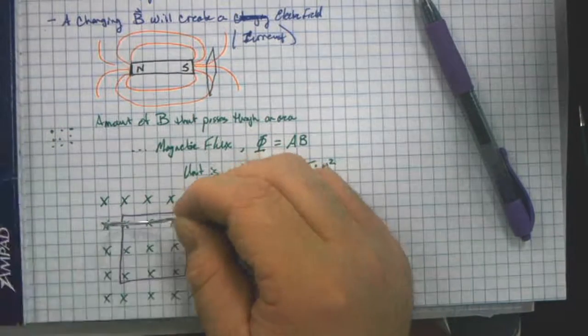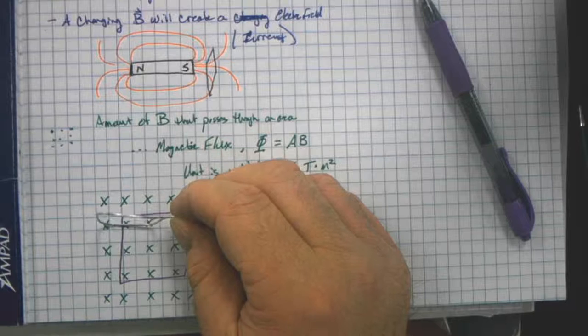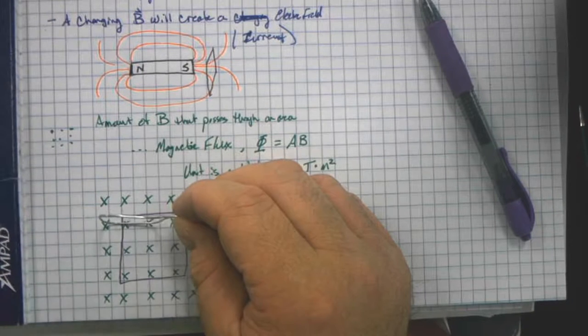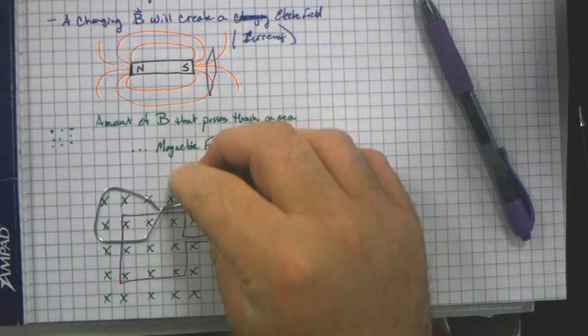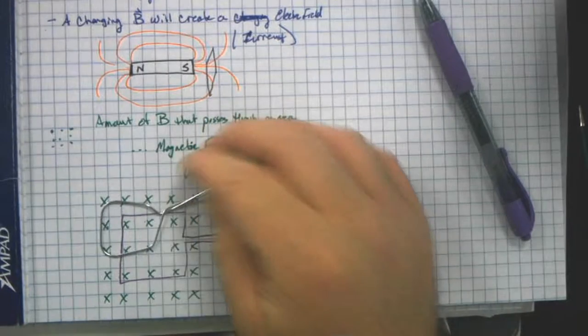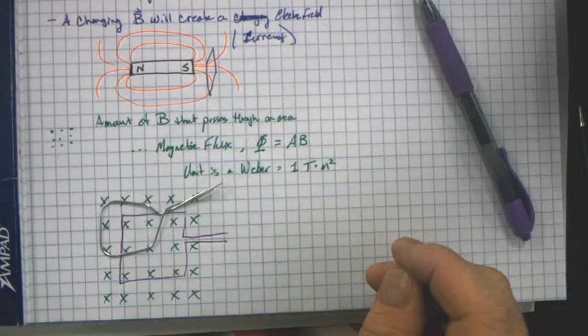If our loop is parallel to the lines, here's the plane of the loop, and the lines are going into the paper, if this is all parallel, then there's no flux going through. If it's perpendicular, then we have maximum flux going through. You guys follow that?